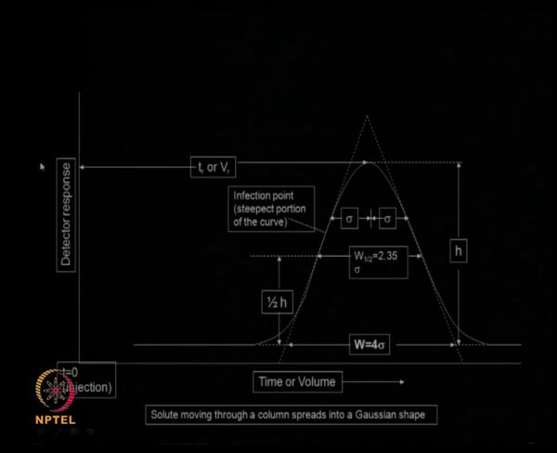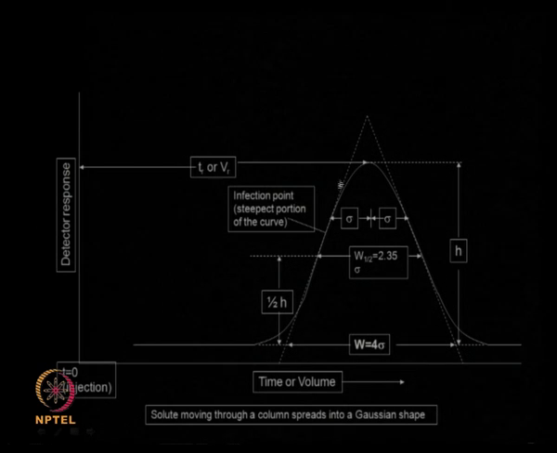Imagine once again a Gaussian type of peak coming out. This is called the base and this is called the half width, that means the width at half the maximum. If this is the maximum height h, this is half h, and this is called the inflection point or the steepest portion of the curve.